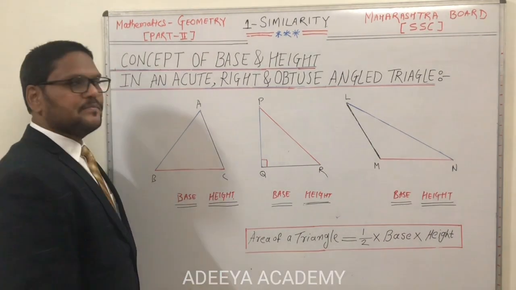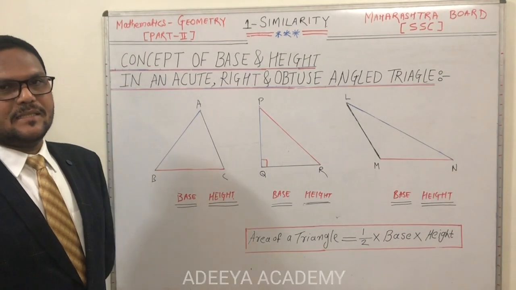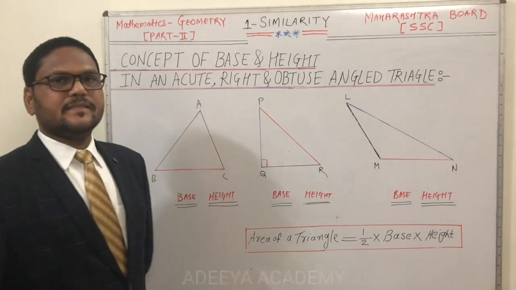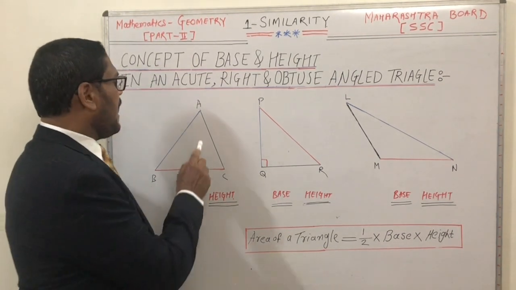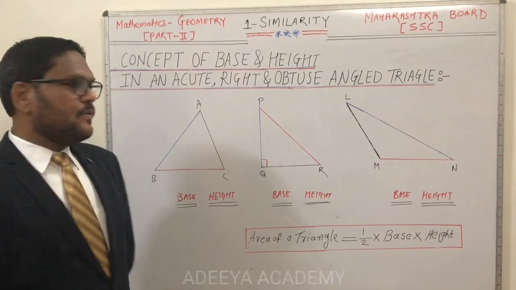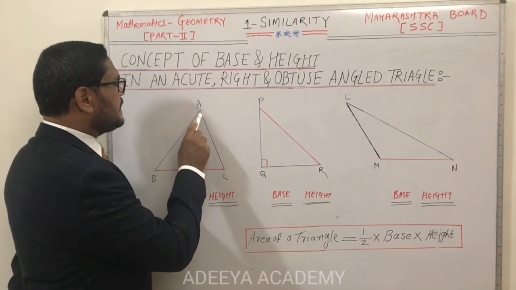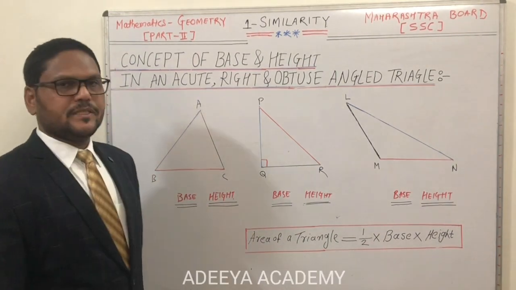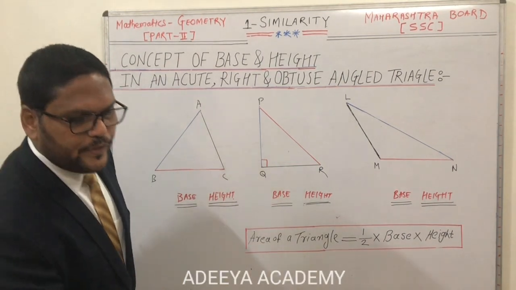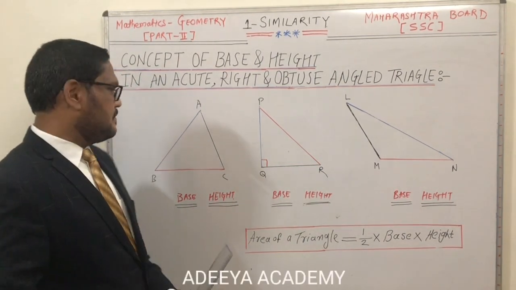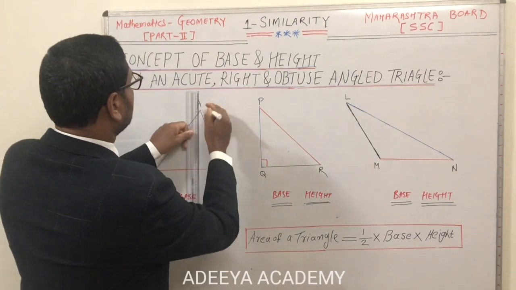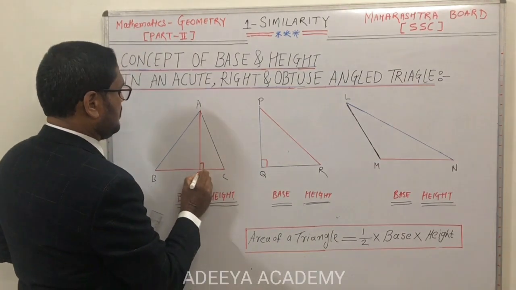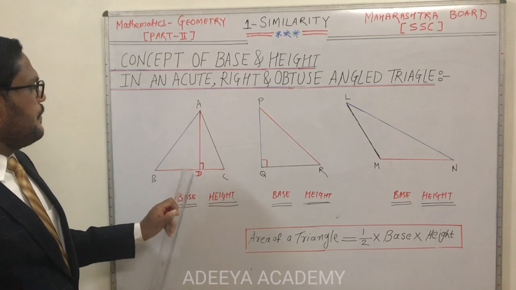If we consider BC as a base, then its height, that is the perpendicular, has to be dropped from its opposite vertex, that is vertex A, to side BC. Okay, so we draw perpendicular AD.